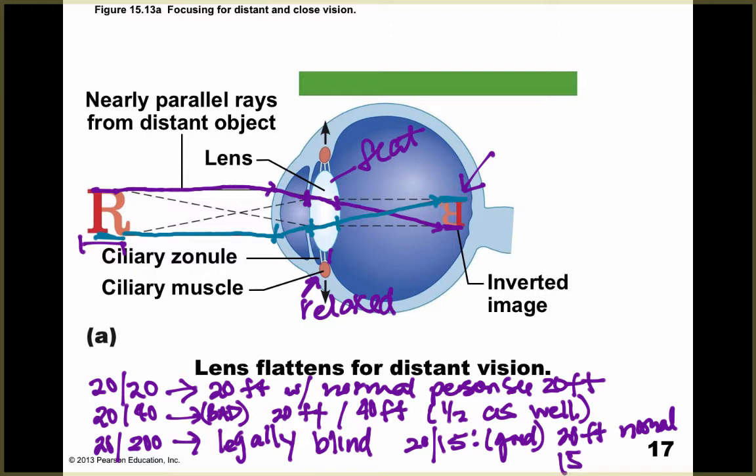Let me actually flip this around so you can get it better. What they would see at 15 feet, you can see at 20. Sorry, I said that wrong the first time. So that means you have better eyesight than the normal person at 20/20.